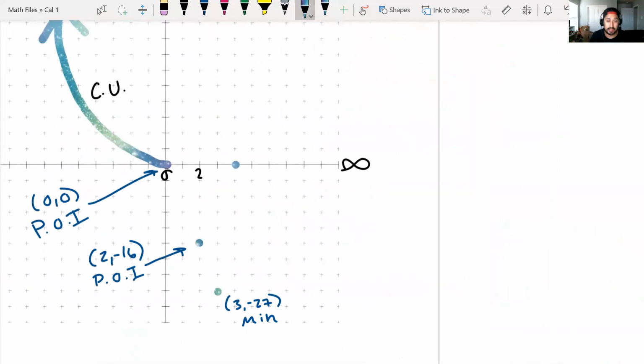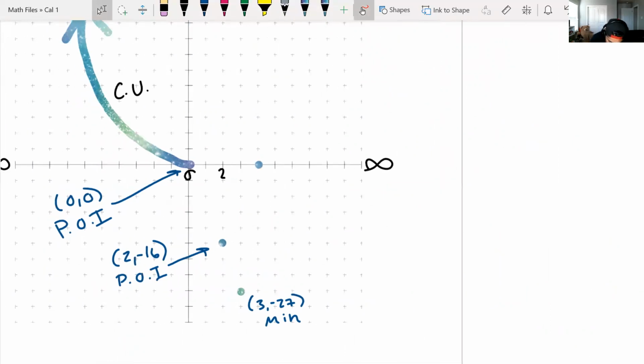So what we're saying is that from 0 to 2, we are concave down. So we change direction. We go concave down. This part here is concave down.